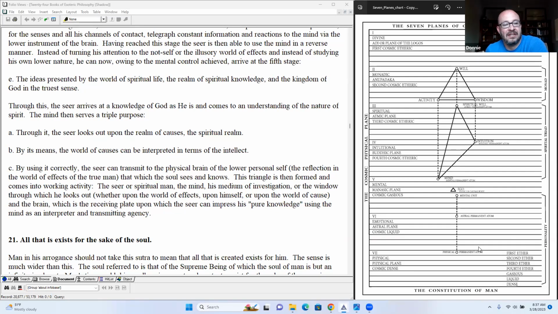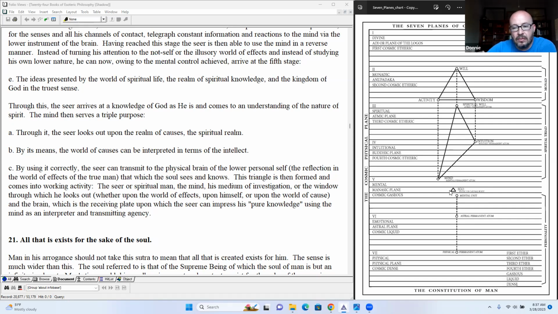So what we have is, all right, the seer is looking out upon the realm of causes, the spiritual realm, okay? By its means, the world of causes can be interpreted in terms of intellect. By using it correctly, the seer can transmit to the physical brain.